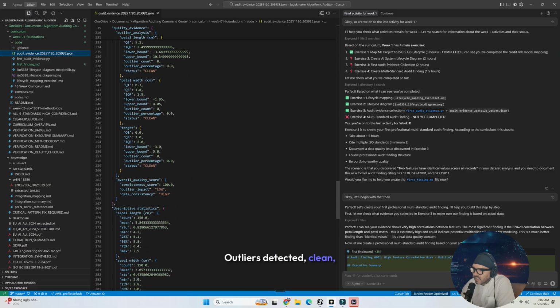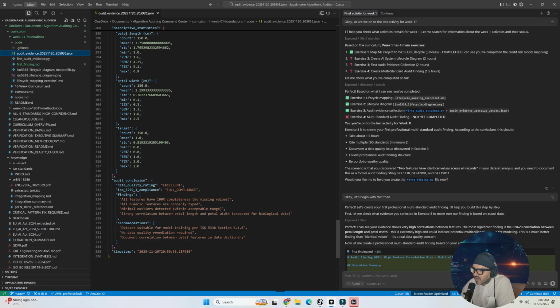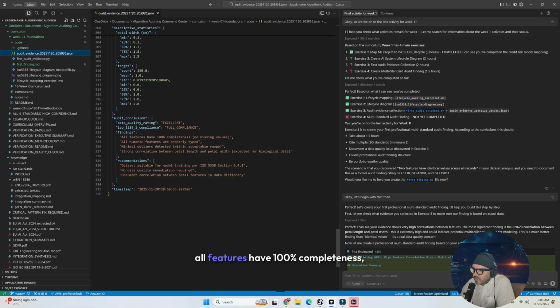Outliers detected, clean, low, high. Excellent, full compliance, all features have 100% completeness, no missing values. All numeric features are properly typed, minimal outliers detected. Recommendations: data set is suitable for model training per ISO 5338 section 6.4.8, and then there's a timestamp for auditing.